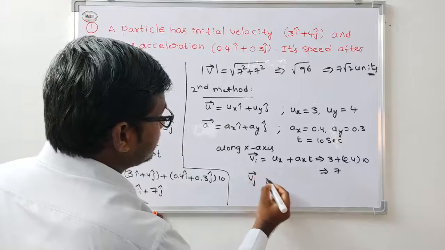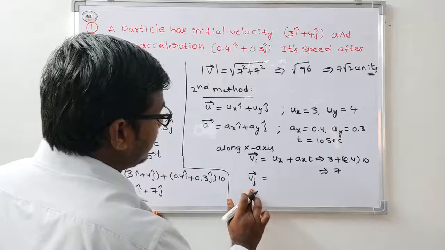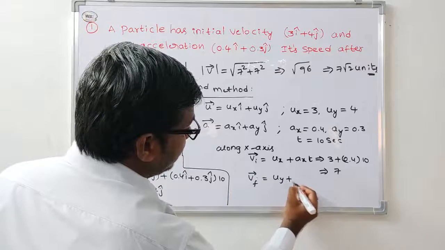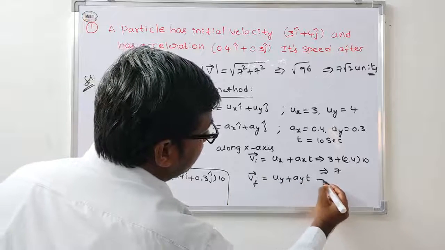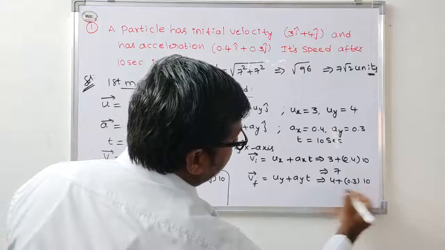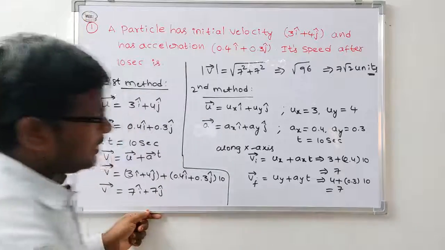Then vy, the final velocity, is uy plus ay into t, that is equal to 4 plus 0.3 into 10, that is equal to 7 units.